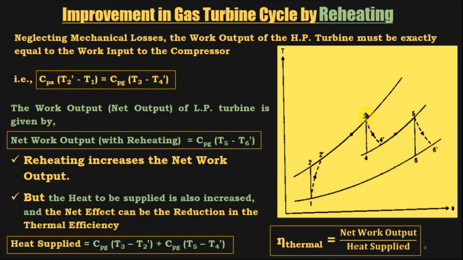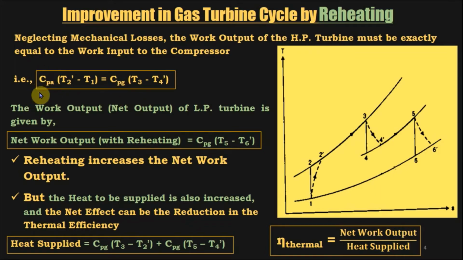and the work developed in the first stage expansion in the high pressure turbine, the process is 3 to 4 dash. Therefore, the work done per unit mass of gas will be equal to Cp of gas multiplied by T3 minus T4 dash. If Cp of air and Cp of gas are given to be the same, you can commonly represent them by Cp itself.